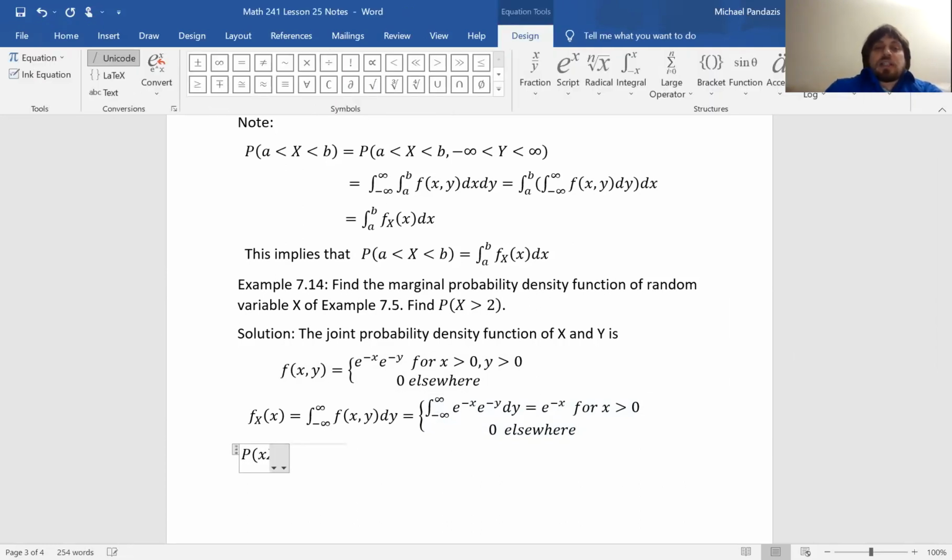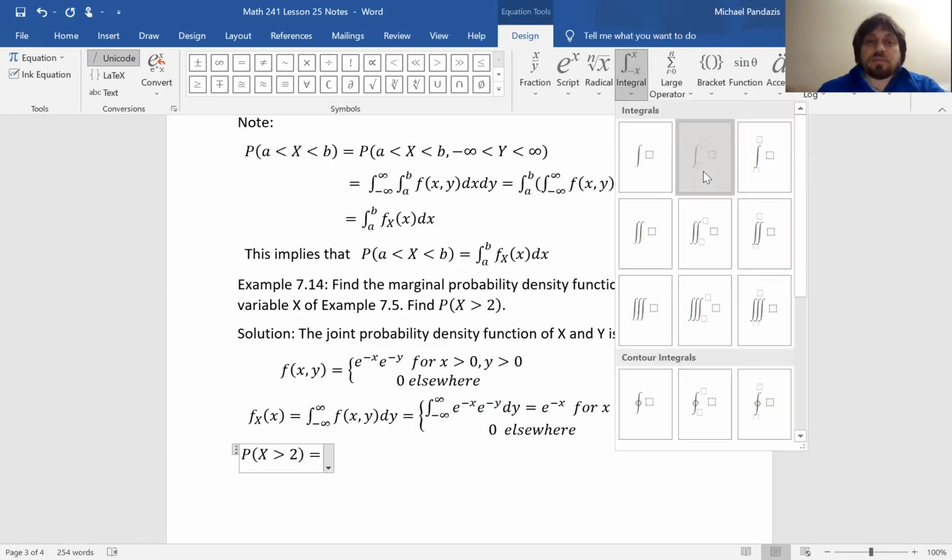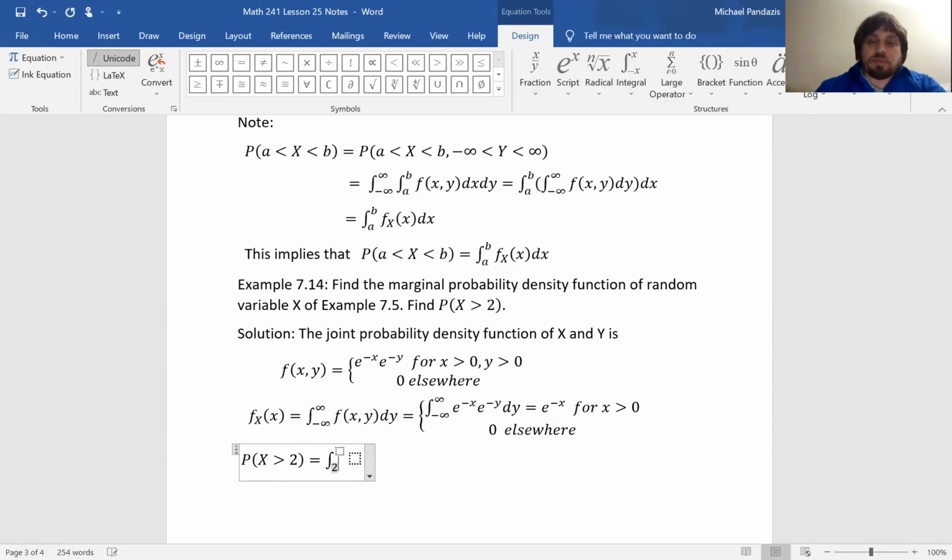Okay. So the probability that x is greater than 2 is equal to the integral from 2 to infinity of f sub x of x dx.